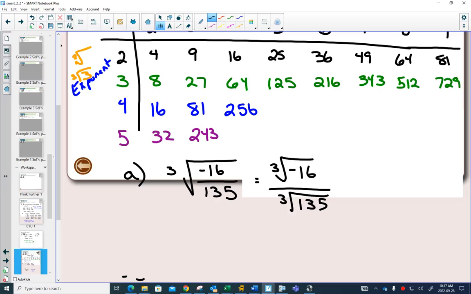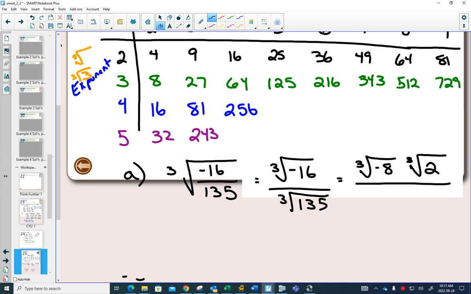Yes. So we can write this as the cube root, and generally with a cube root, does it make sense that a negative times a negative times a negative is negative? So I'm going to put the negative with the 8, which leaves me with a cube root of 2.